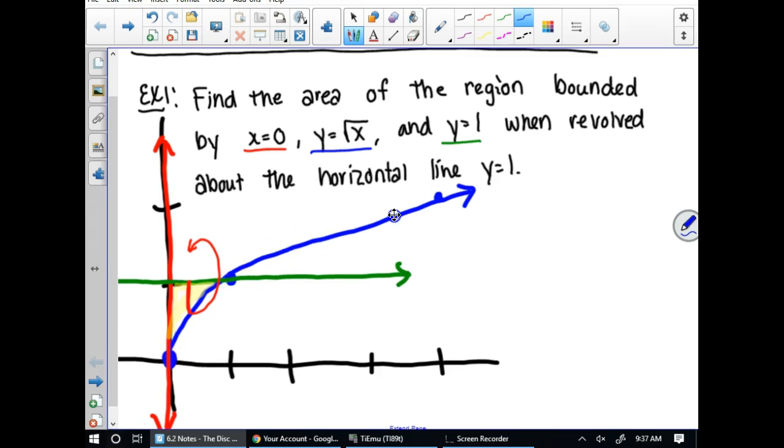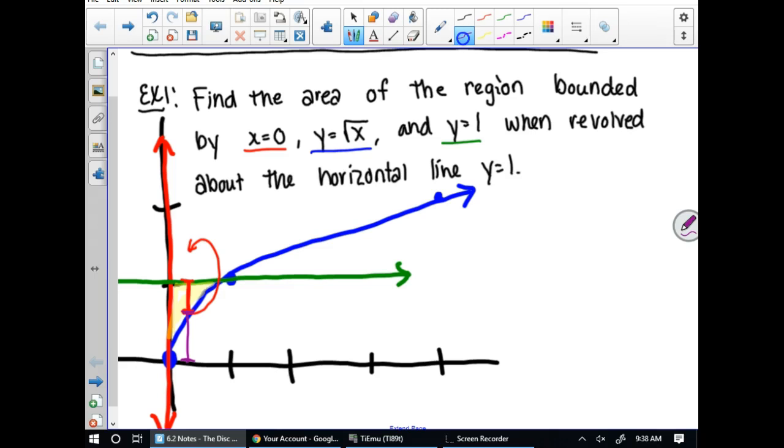So you want to say the square root of x is your outside radius. But the problem is that the square root of x does not give you this distance right here. That gives you the distance from here to here, which is not what you're rotating around.